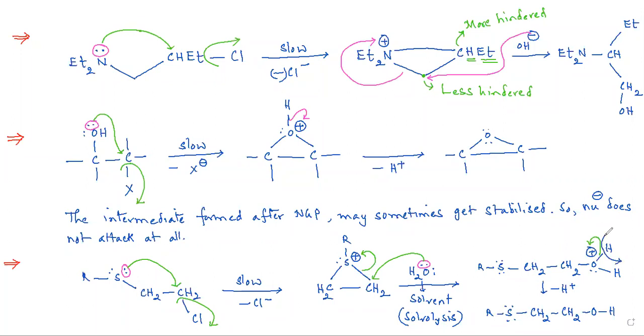Okay. So this way, we can go for a different neighboring group. These are the different examples for NGP. Let us go for more. Look at this.